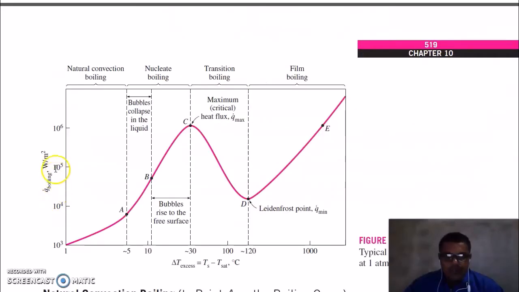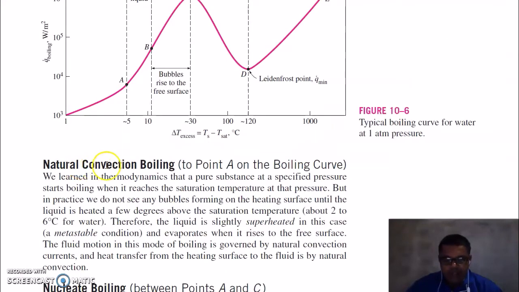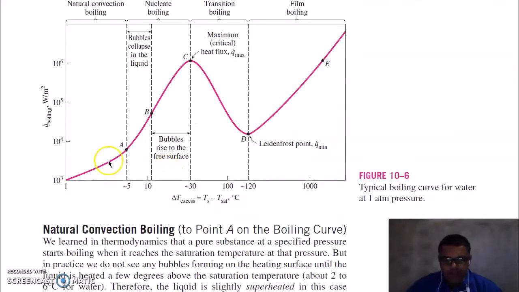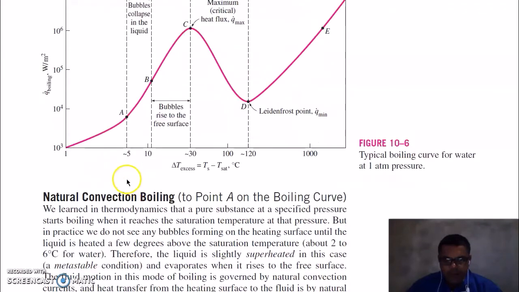This is the curve between heat flux and excess temperature. This region is called natural convection boiling. This is the nucleate region from A to C. From C to D is the transition region, and D to E is film boiling. Natural convection boiling is from this point to point A.